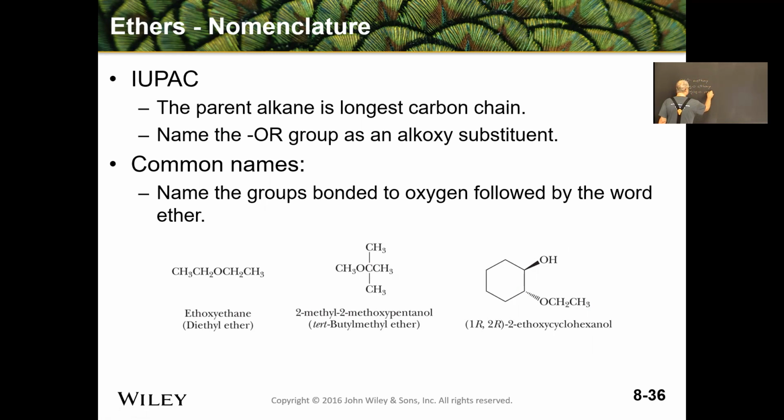Propoxy. If we had an isopropyl group, it would be an isopropoxy. A benzene ring as a substituent is a phenyl, and this as a substituent would be phenoxy.